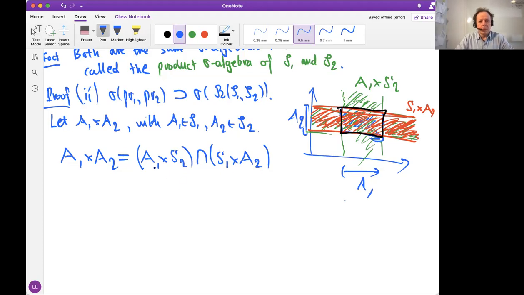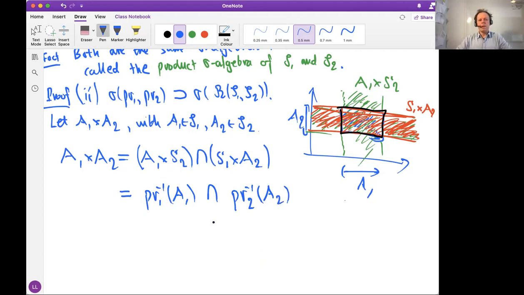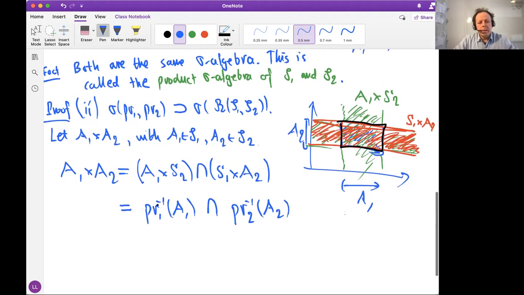But anyway, for this black box, what should we recognize about this? This is the pre-image of A1 under the projection map 1, and this is the pre-image of the set A2 for the second coordinate projection. You see, here we have a representative of a rectangle, and because these are pre-images of this projection map, that's why this one belongs to the left sigma algebra.